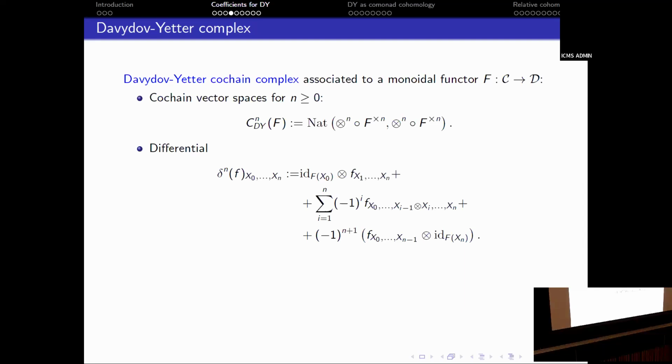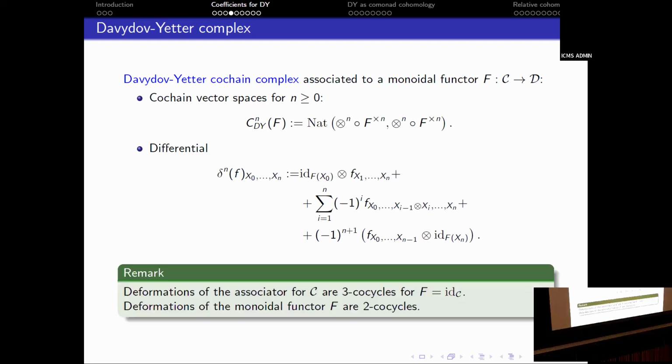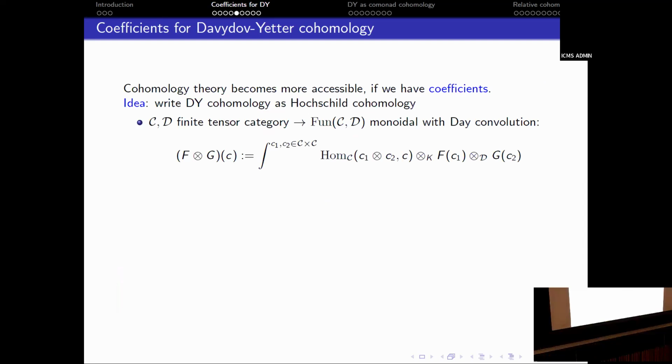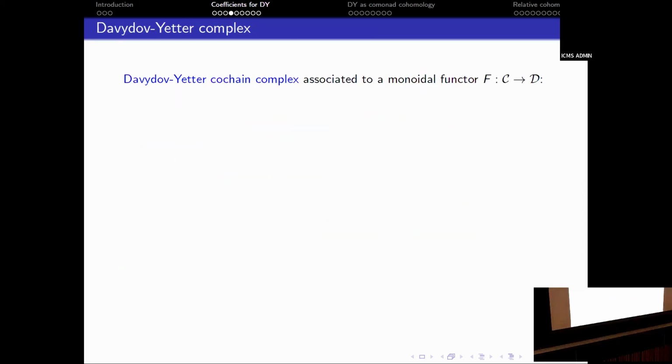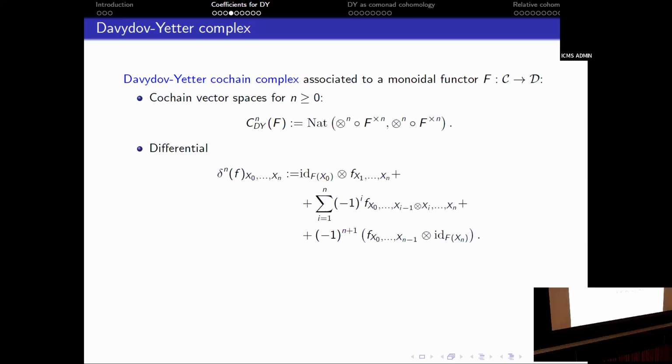So what we do, well, the cochain complex is defined, we are working in a k-linear setting, on a vector space of natural transformations. I want to keep notation light. So I'm assuming that the tensor category is strict. And then you see these are natural transformations. You apply the functor to each of the n tensor factors, and then you tensor, and then you're looking for endo-transformations.